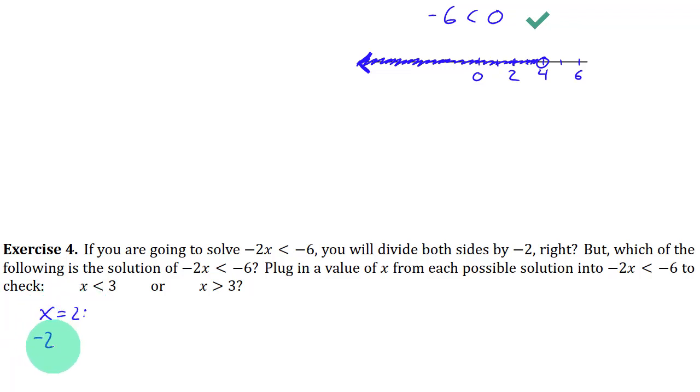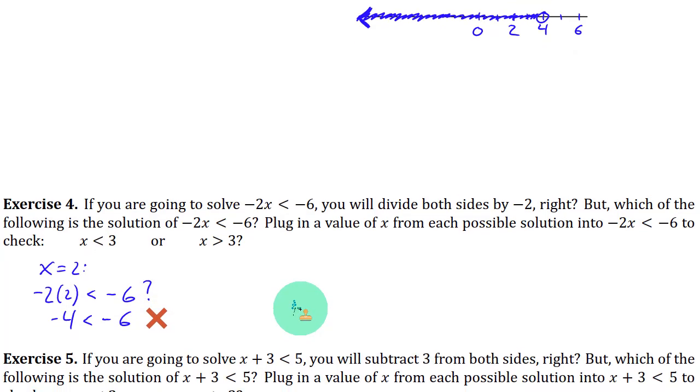You're going to do -2 times 2. Is that less than -6? No, it is not. This is going to give you -2 times 2 is -4, and -4 is not less than -6.